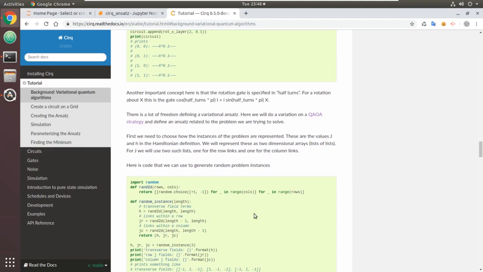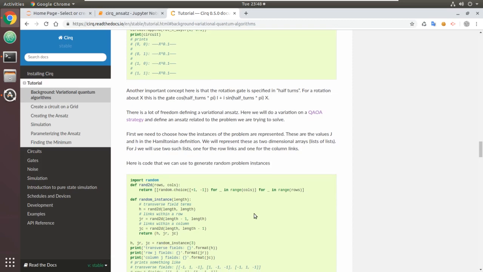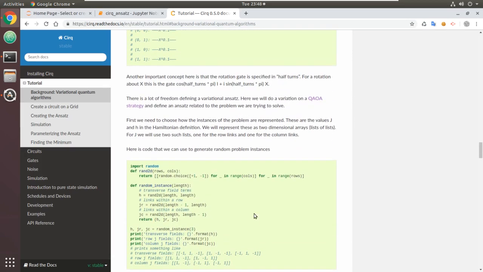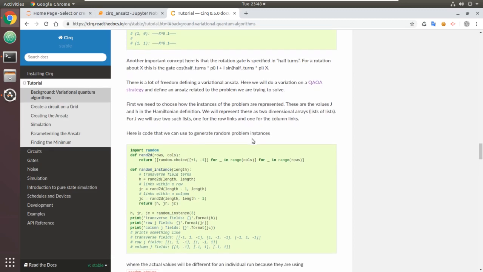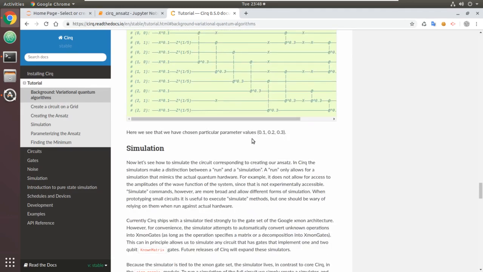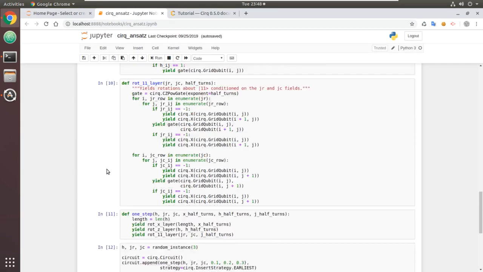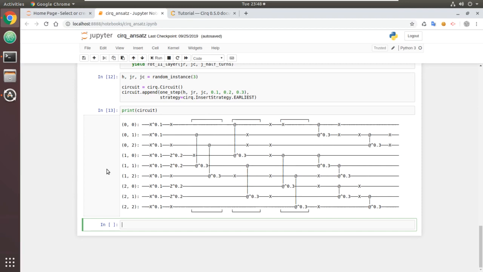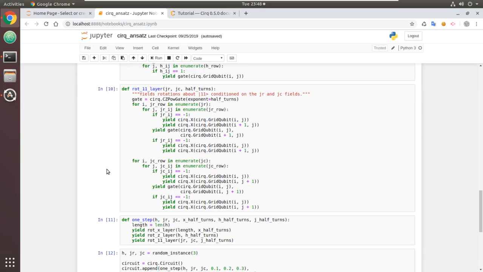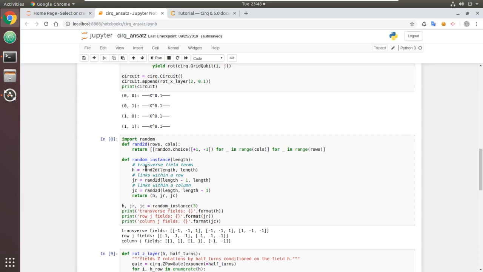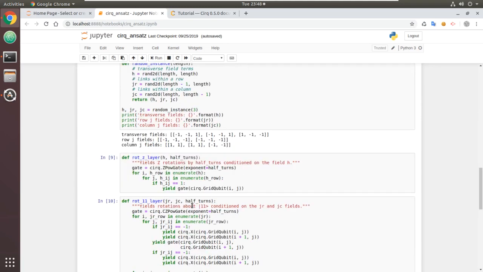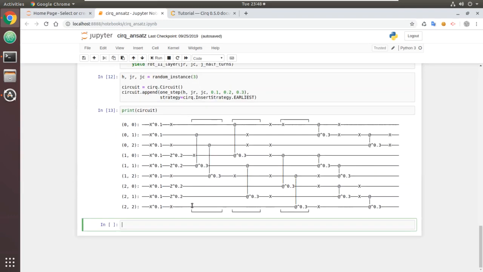So first, no, I mean there are two things we can do. One is to try to understand how the problem is represented, or just go all the way to the end, because I basically copy pasted all that stuff and created that circuit, which is obviously a little bit different than theirs, because there's a bit of random stuff in here, as far as I remember.